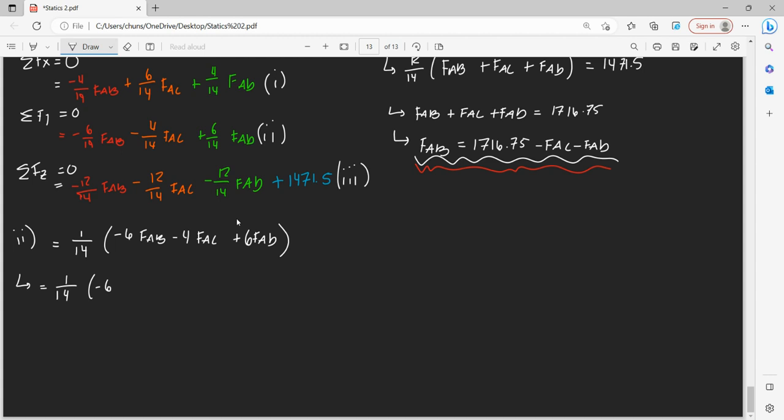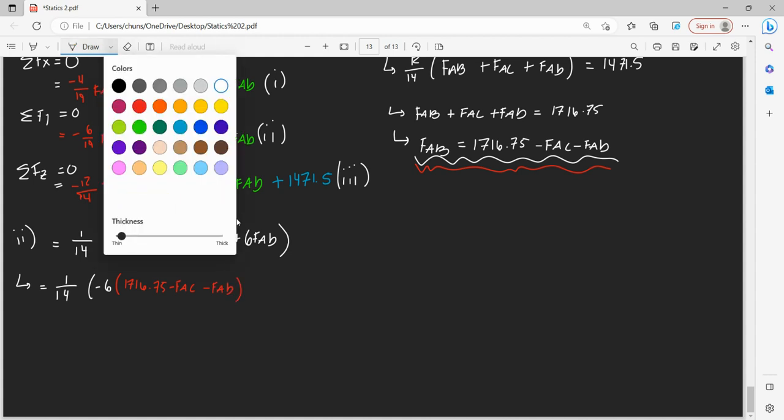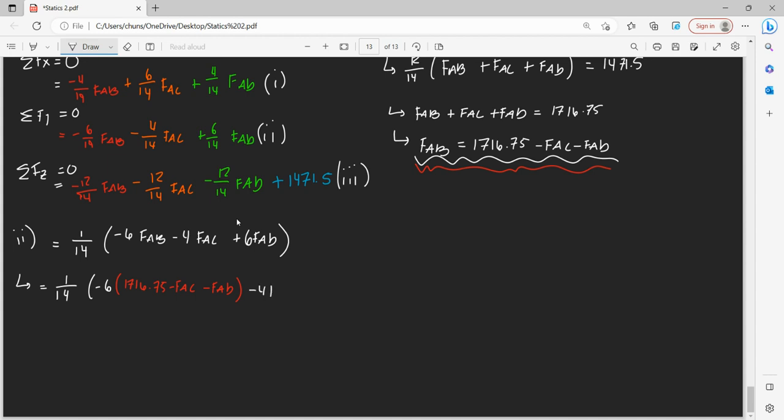So this is negative 6, then I'm going to plug in 1716.5 minus 4 FAC plus 6 FAD.